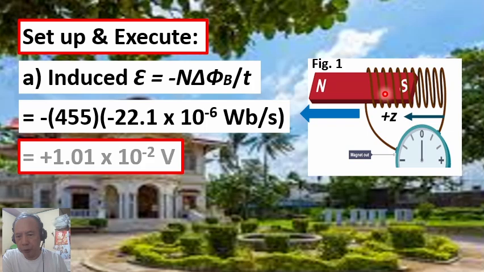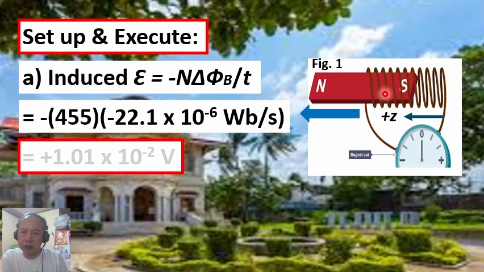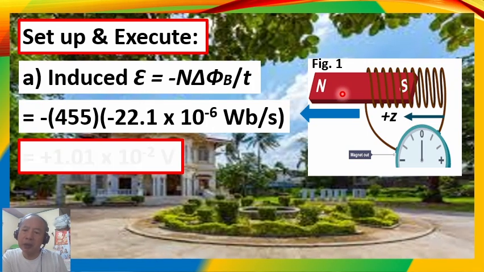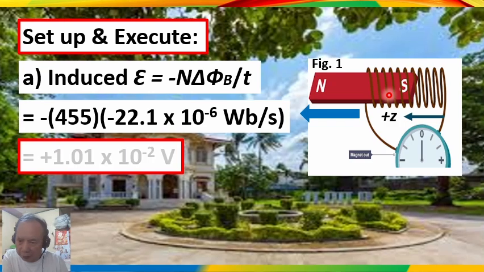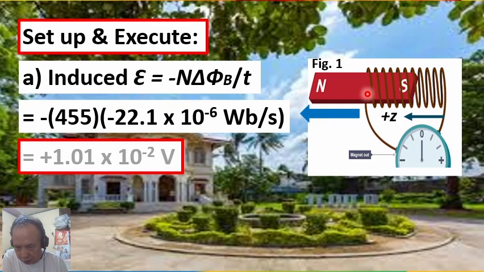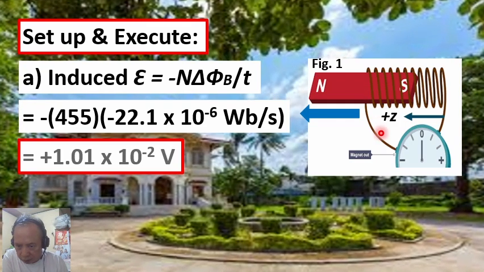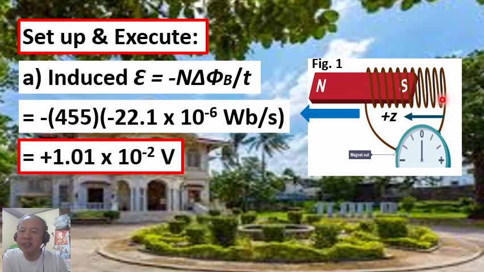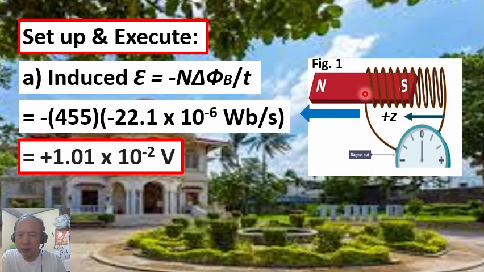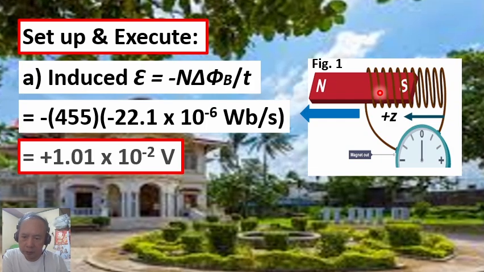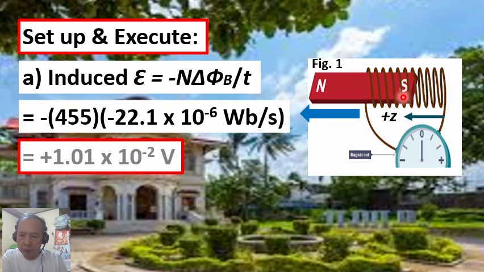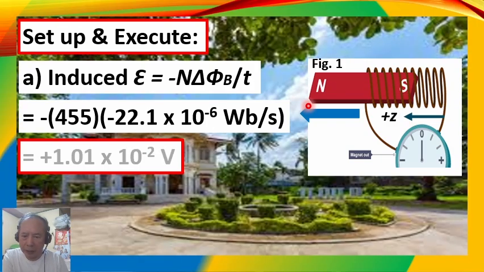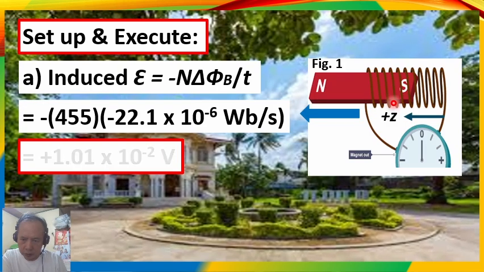So we cannot violate the law of conservation of energy here. For you to be able to produce electrical energy in the coil, you must do work in moving the bar magnet away.